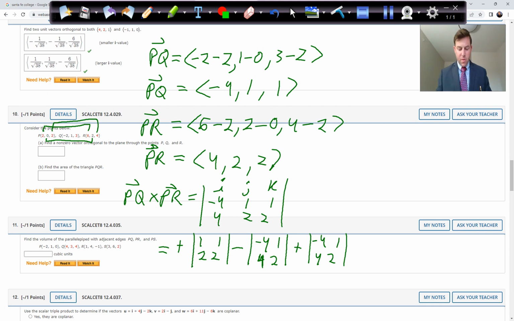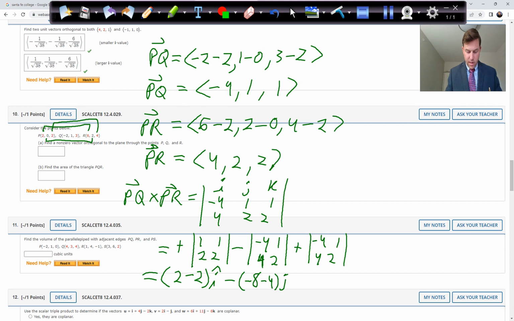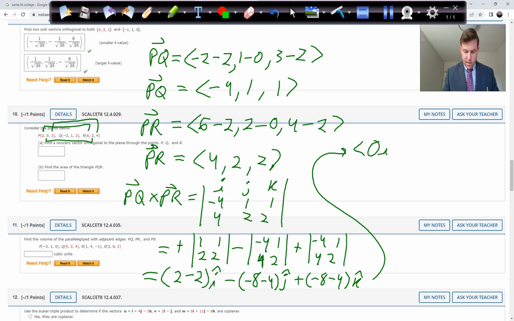Yep, they look good. Okay, so this is going to equal 2 minus 2 in the I, minus 8 minus 4 in the J, plus minus 8 minus 1 times 4 is 4 in the K. And that is going to equal 0I minus 12 of the minus, so plus 12J, and then minus 12 in the K. So I guess I started to write that in vector form.